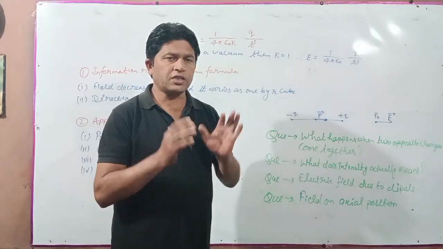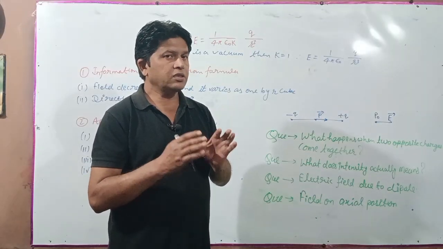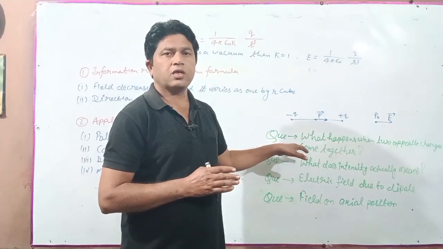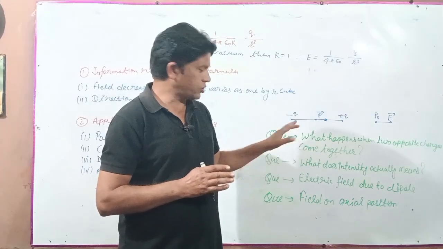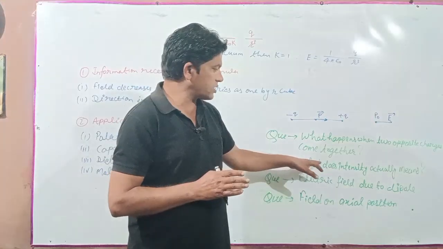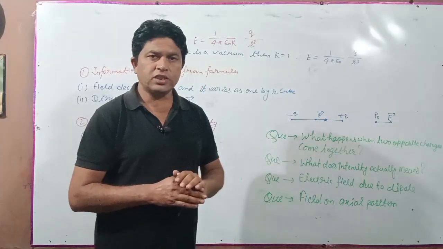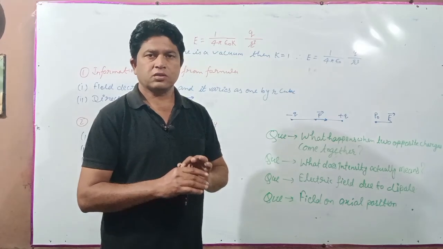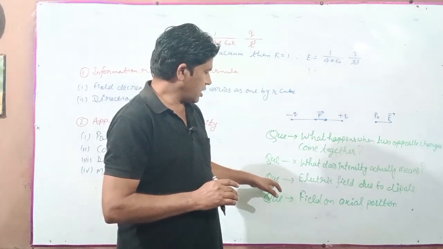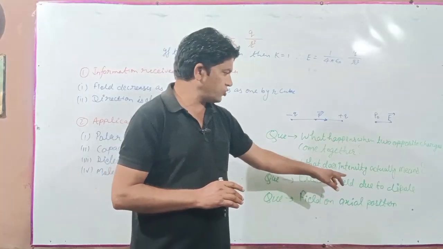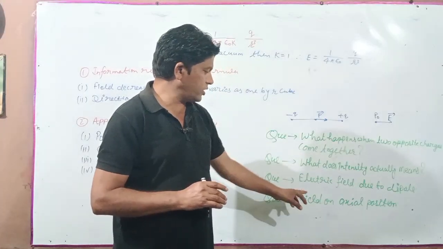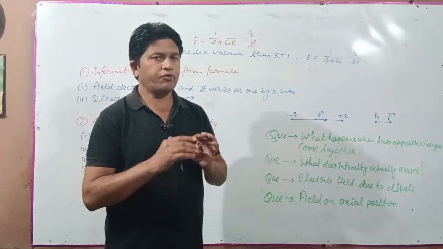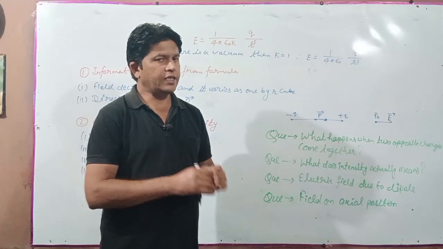When two charges come together, they make a dipole, but they should be of opposite nature and equal in magnitude. The second question: what does intensity actually mean? Intensity means force per unit charge. The third is the electric field due to a dipole, and the fourth is the field on the axial position. These two answers are given by the figure, as we have seen in this video.